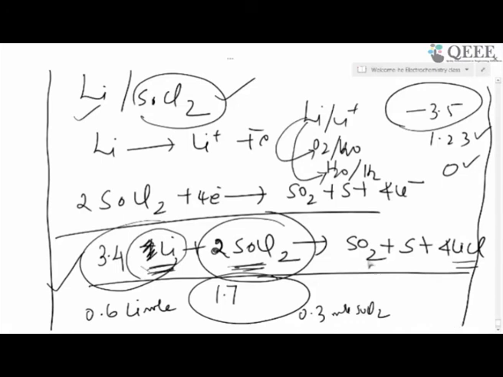In some batteries, suppose we take lead oxide, and on the other side, the redox couple is lead sulfate and lead oxide lead sulfate.